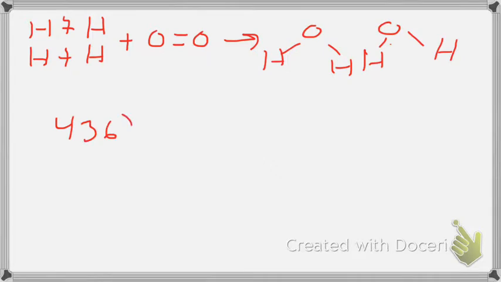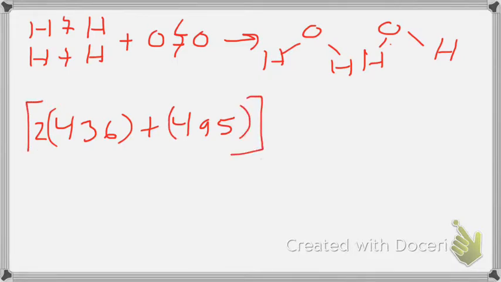Alright, so that means we have to break these 2 bonds, and that's going to require 436 kilojoules, and we have to multiply that by 2 since we have 2 of those. Plus, we have to break that bond, which if you look at your table requires 495 kilojoules per mole. Okay, so that's our bonds broken.